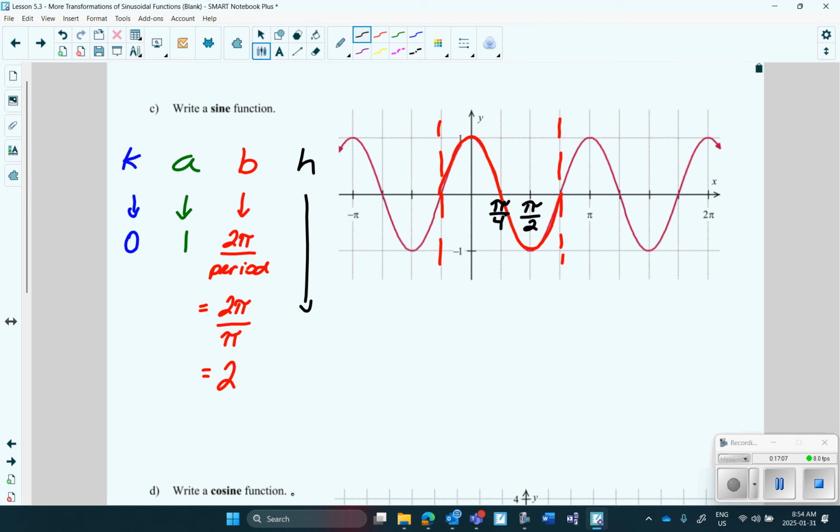Or here. So you could say H is negative pi over 4. That works. Or you could say H is 1 pi over 4, 2 pi over 4, 3 pi over 4 positive. Both are correct. But I'm just going to go to the closest one, which means I had to go back pi over 4. So that's negative.